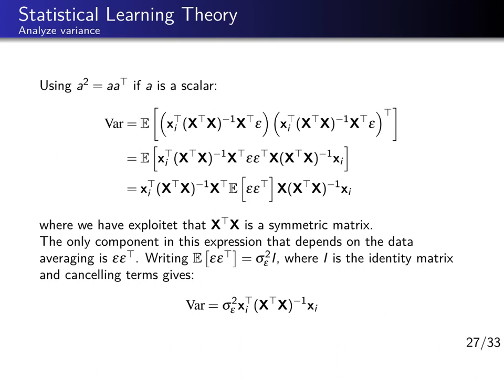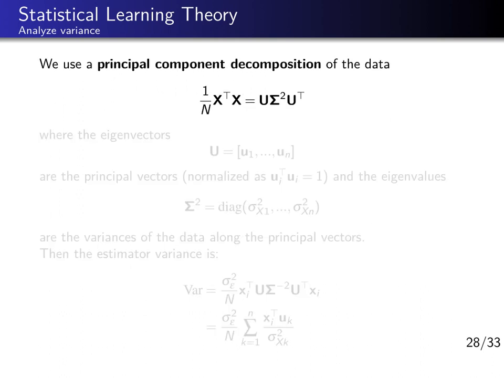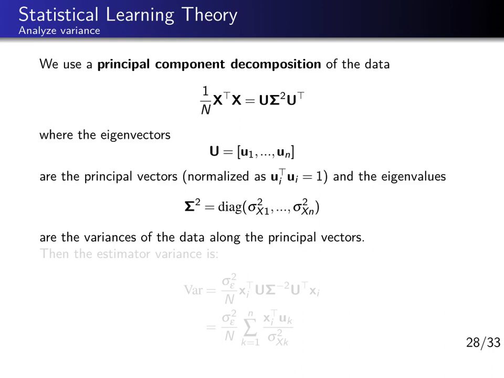This result is still quite general and it's quite useful, but we can go one step further and do a statistical analysis of these properties that I will only sketch here because it is quite technical. So basically we take the covariance matrix, we do a principal component decomposition of the data by doing an eigenvalue decomposition of this covariance matrix. And we use this result to rewrite the estimator variance as a sum of components of single eigenvalue eigenvector components.